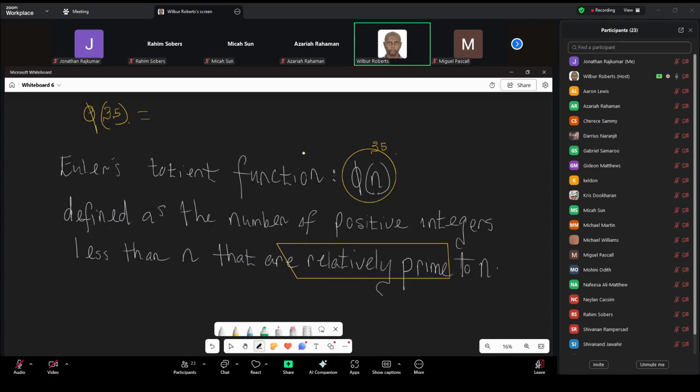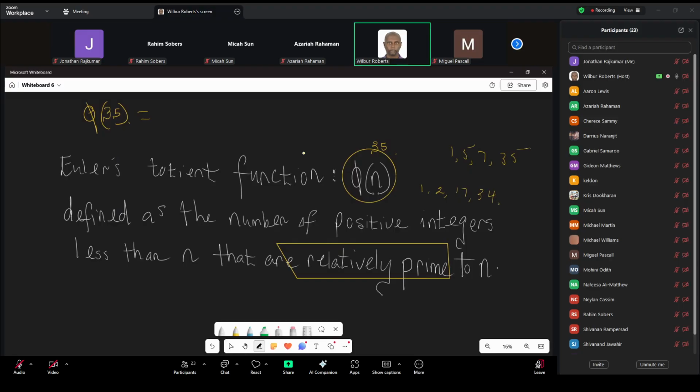So the integers less than 35 that are relatively prime. And relatively prime means that the only common factor they share is 1, right? So, for instance, factors of 35 are what? 1, 5, 7, and 35. Good? So if I want 34, the factors of 34 are 1, 2, 17, and 34.